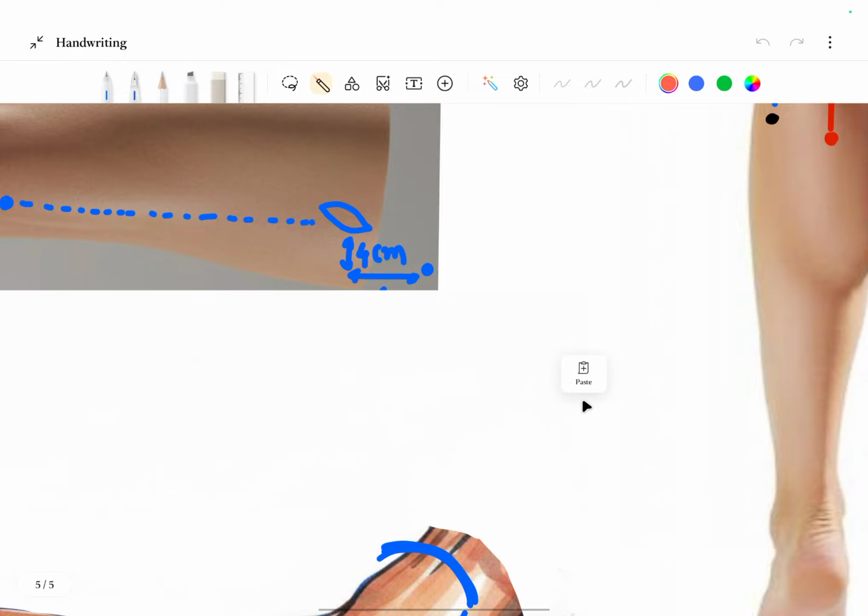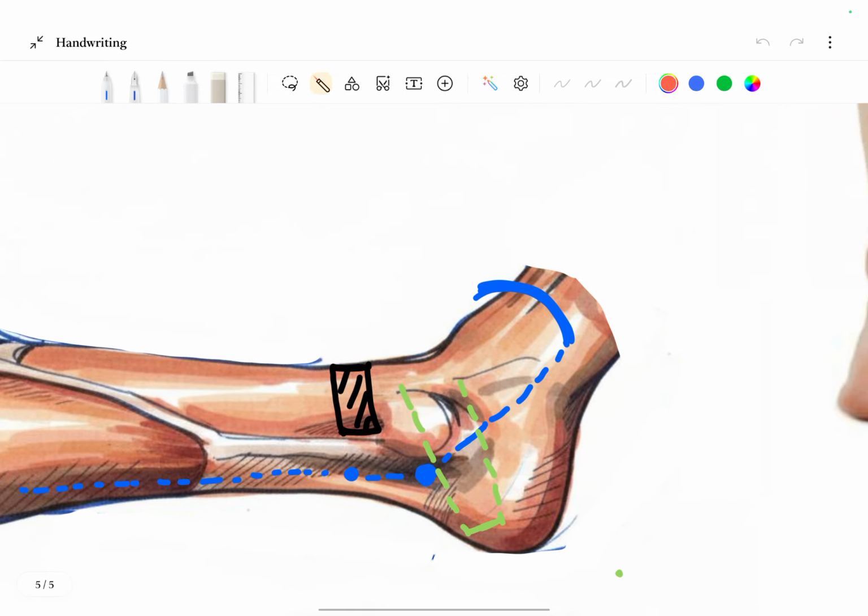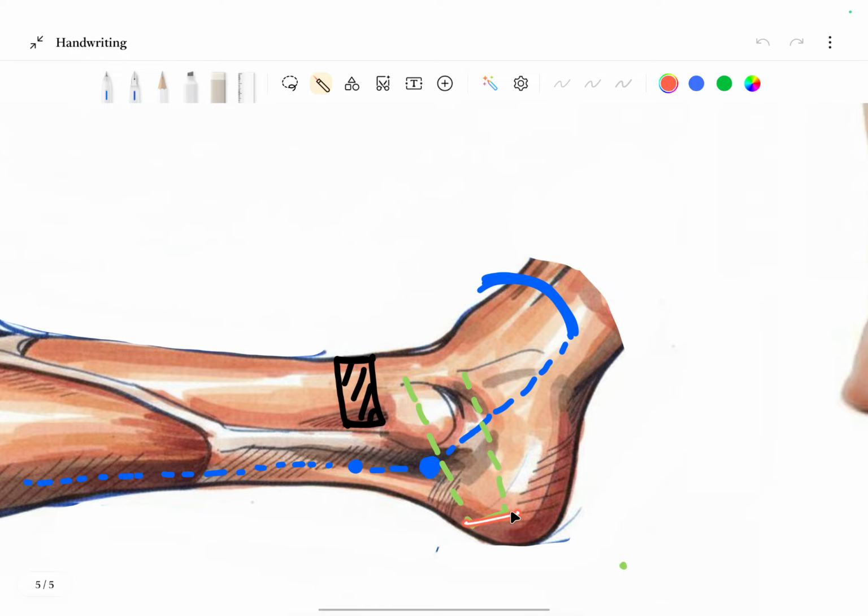The point medial to the tendon of the extensor digitorum longus will be your stem part, like this. At where it will divide, point medial to the extensor digitorum longus. Suppose this is the superior surface of the calcaneum, you will draw it like this.